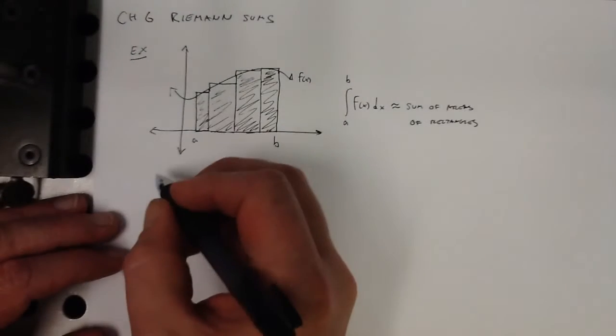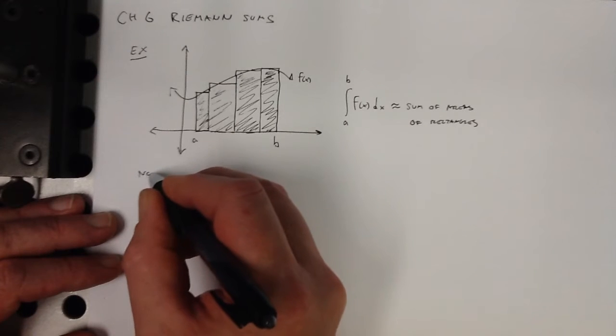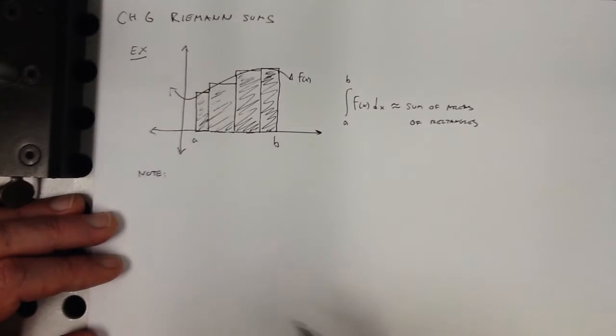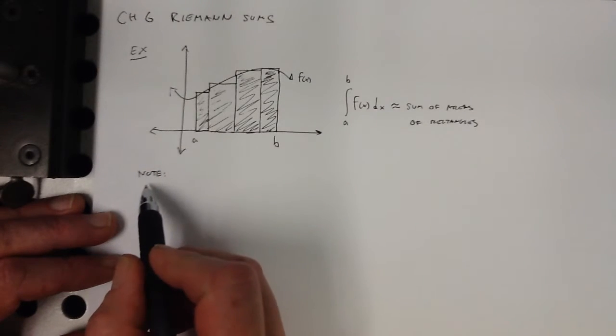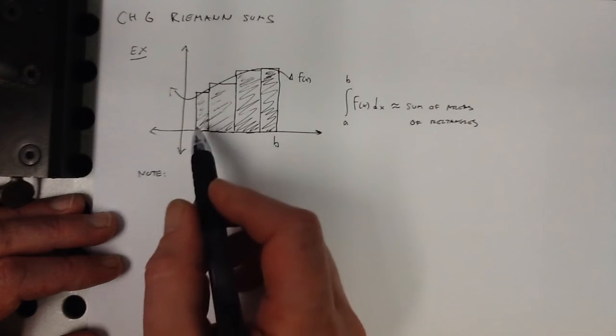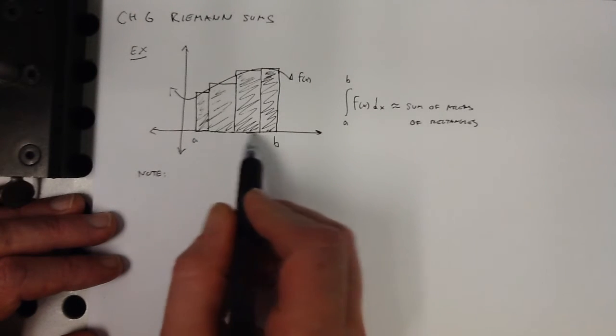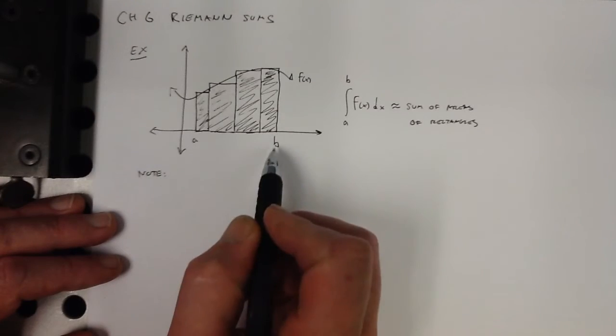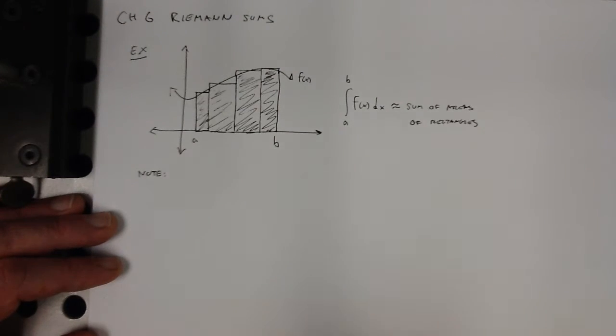And note, this is a very important note, what would happen if you let the number of rectangles between A and B approach infinity?